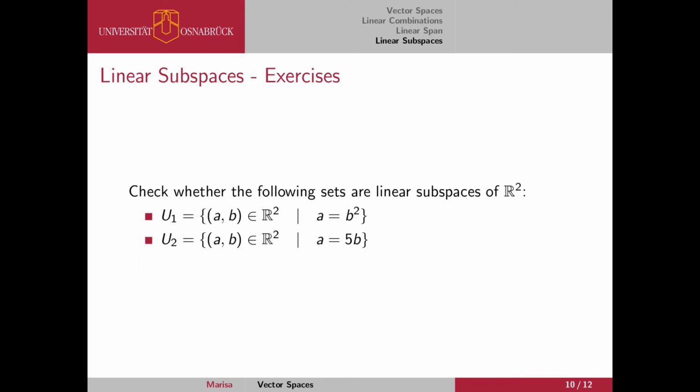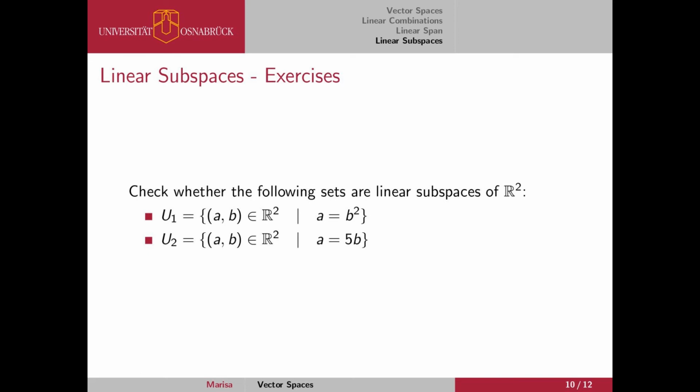Here I have 2 examples prepared for you. You can check whether they are linear subspaces of R2 with the help of the axioms from the last slide. Generally, as soon as you find a contradiction, you can stop, because then you already know that it cannot be a linear subspace.